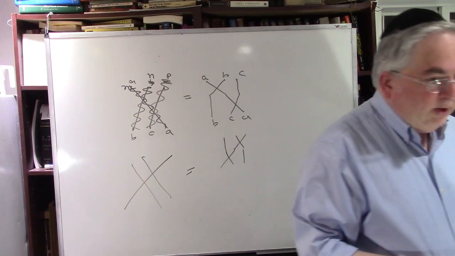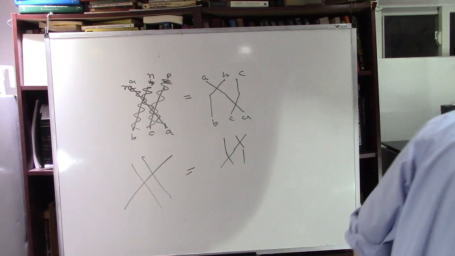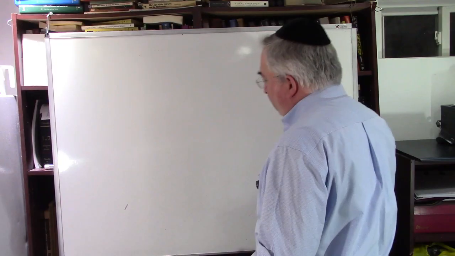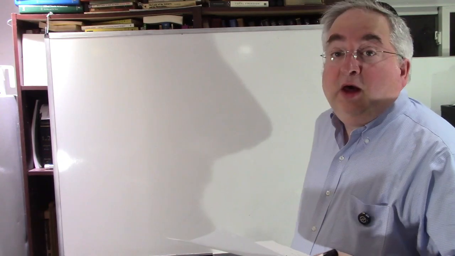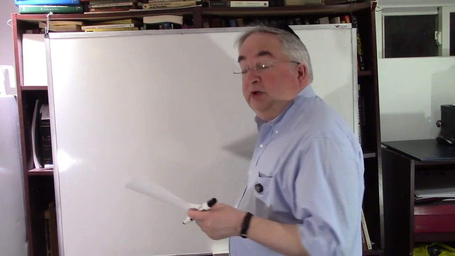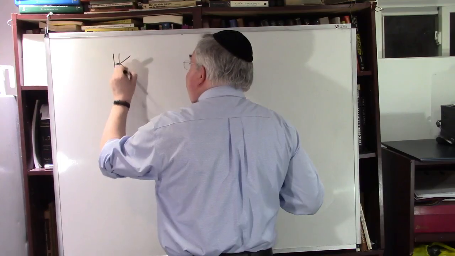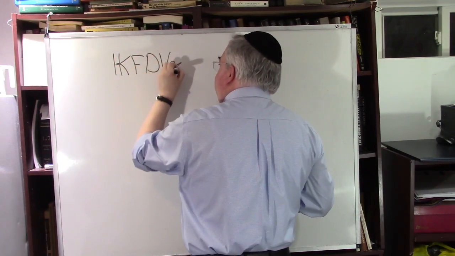Okay, great. So that's an important category. Let's look at another example of monoidal structure on a category. K is a field, and we take finite dimensional vector spaces.